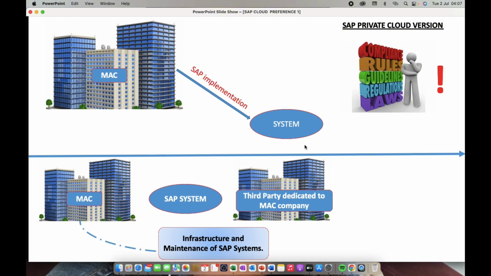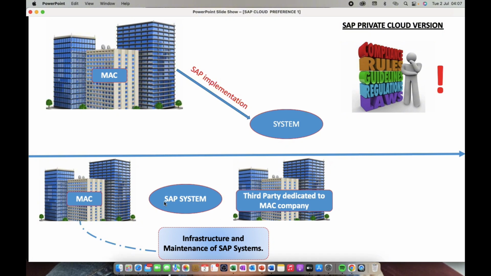But because we are so keen with our data, we now have a third party dedicated to the company, so no other company is going to have access to my data. This third party has been told to give us this server just for us. No other person shares the server.